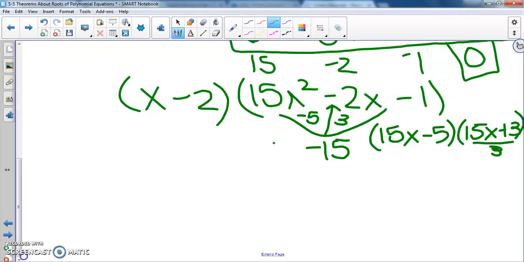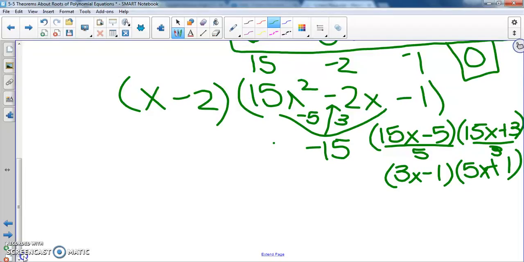I can divide this one by 3 and divide this one by 5. I get 5x minus 3 times 3x minus 1 times 5x plus 1.